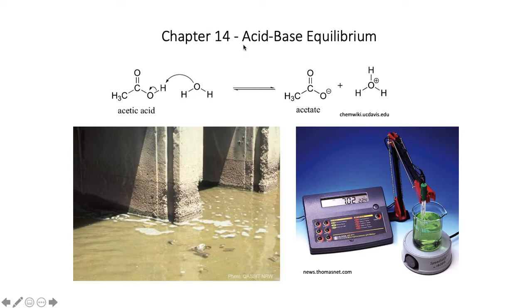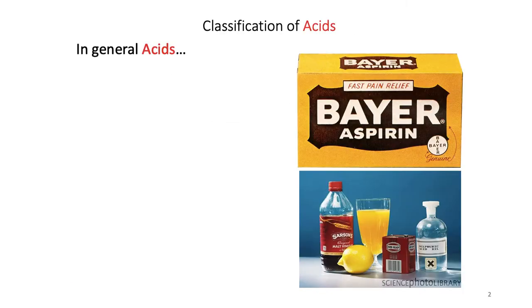First of all, let's classify them. Let's talk about what an acid is and what a base is, and give some general characteristics of each. Let's start with acids first. In general, acids will taste sour.